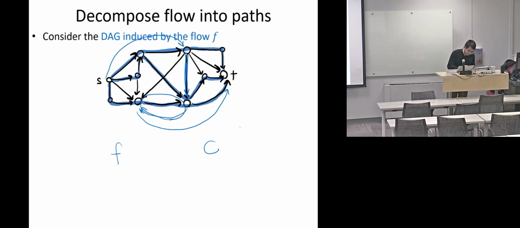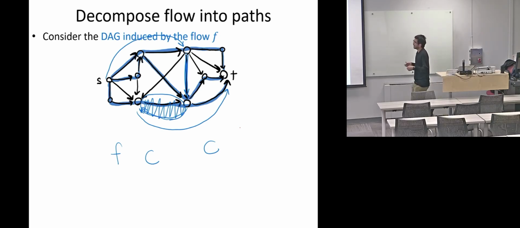If you subtract C from F, that is, I just remove the flow on both edges here, then this is still an ST flow with the same value.